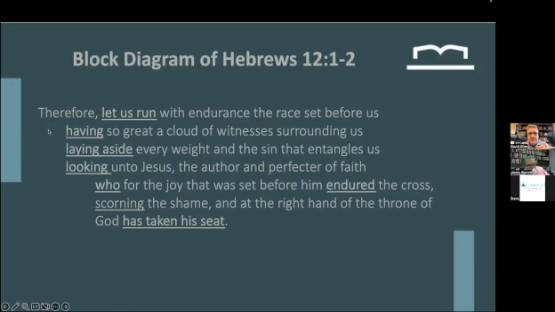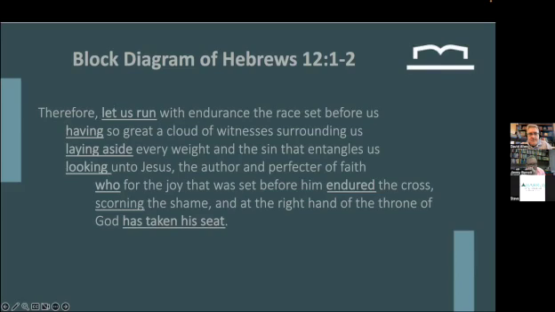So notice these are indented underneath what they modify. All three of these clauses modify the same sentence. Let us run with endurance the race set before us. How? Having a great cloud of witnesses surrounding us, laying aside every weight, looking unto Jesus. So notice each one of these is indented to show that they modify this right here.